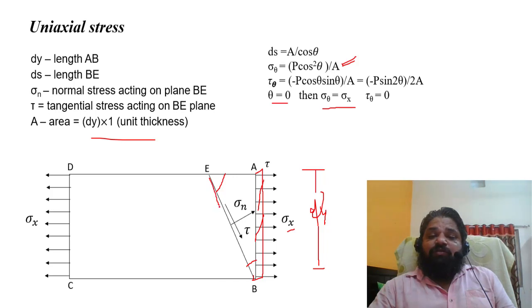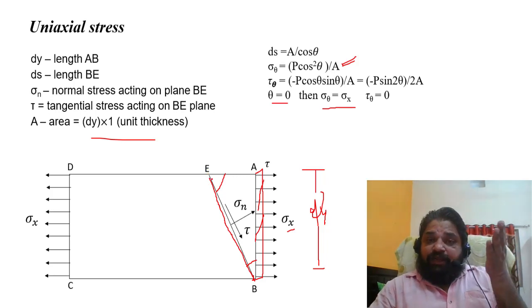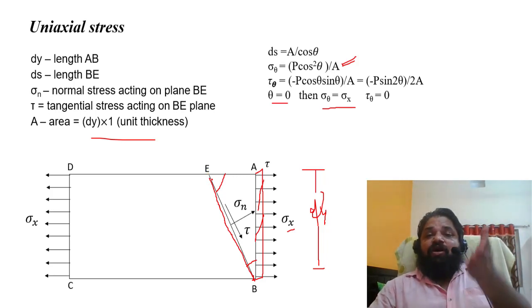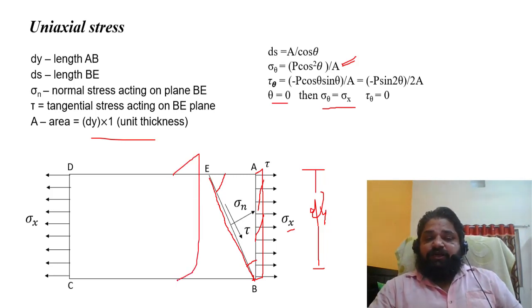why am I taking this one as a? Because I am talking about stress, which is the internal part of the body. If I cut the body on an inclined plane, with some inclination, instead of cutting perpendicularly, can I do that?